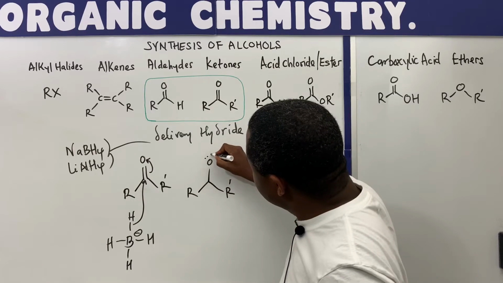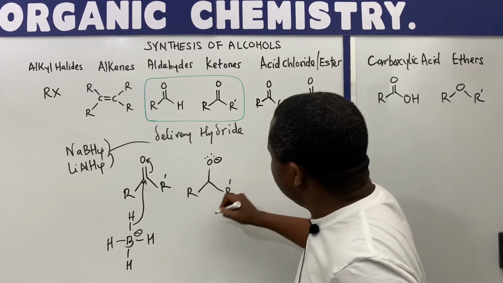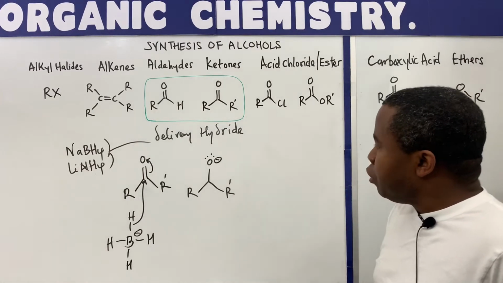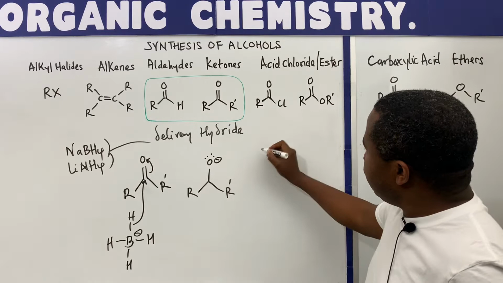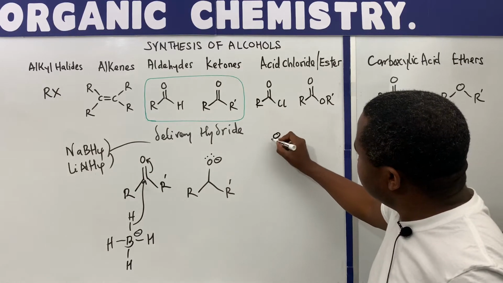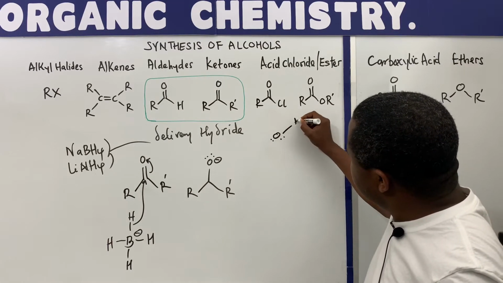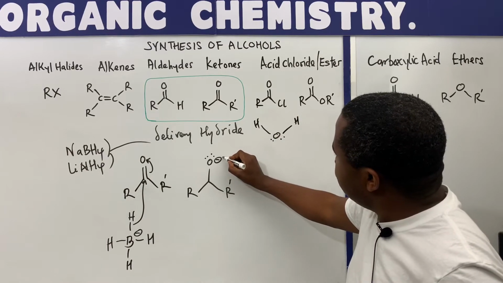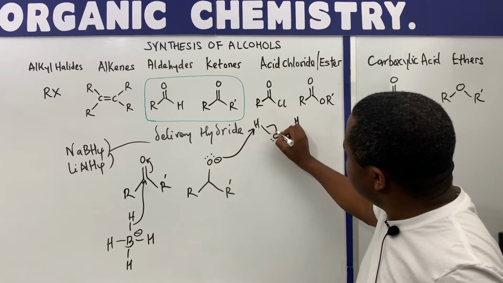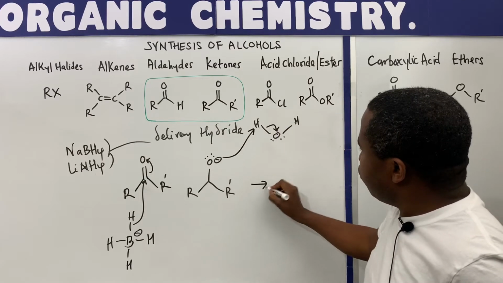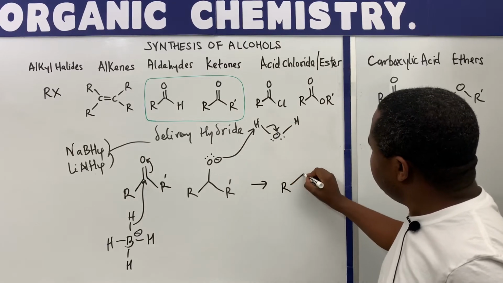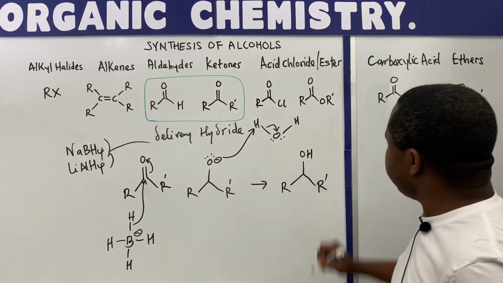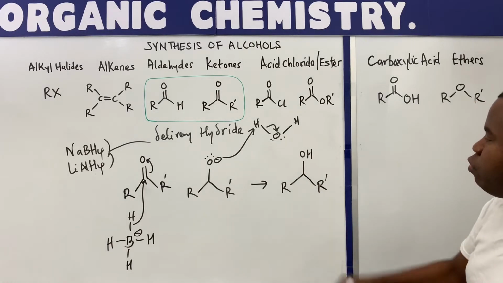We have the alkoxide form. So we formed an alkoxide, and the alkoxide is going to pick up a proton, possibly from water molecules in solution. So it's going to pick up this proton, and this goes this way. So we form the final product, alcohol. So that is how we form the alcohol.